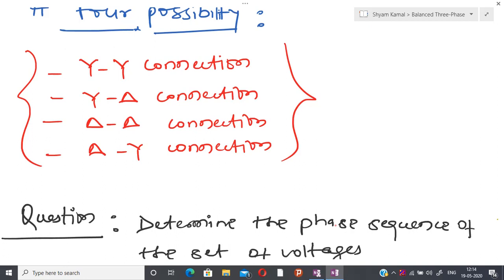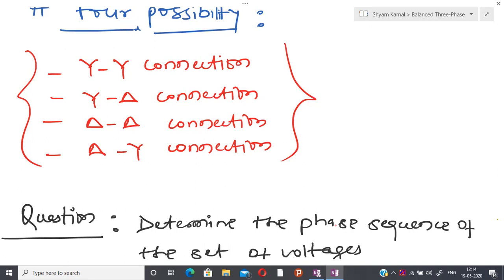If some mismatch happens, then a mesh current is generated, because then the summation is not equal to 0. So due to that reason, we are avoiding the delta connected source.